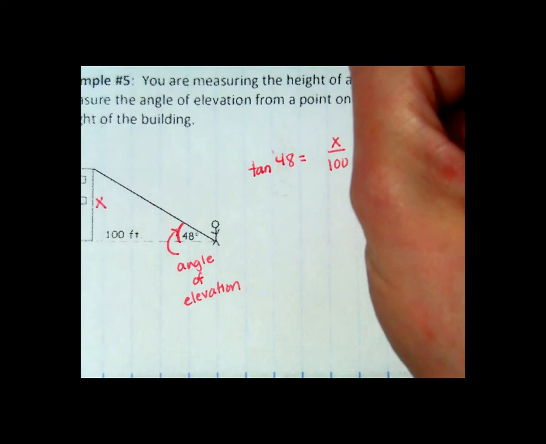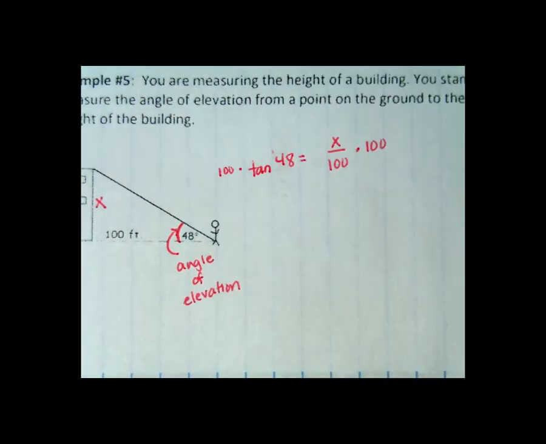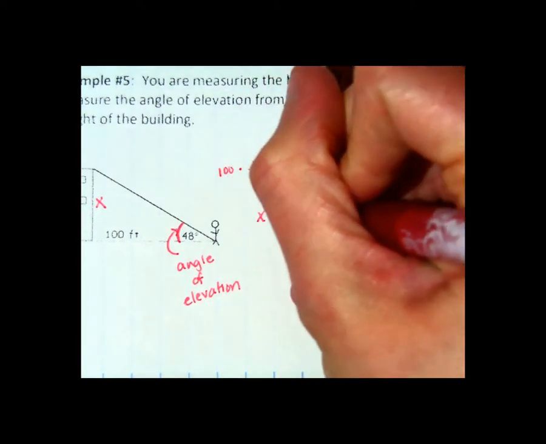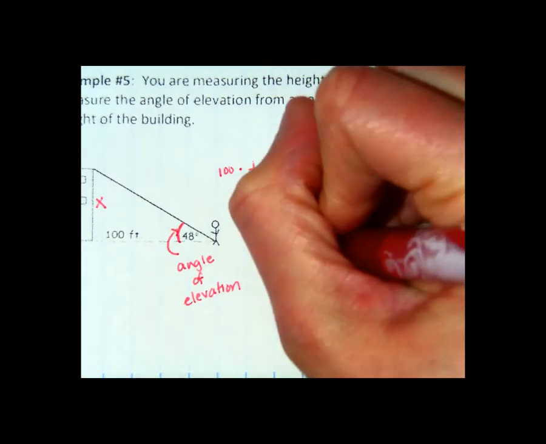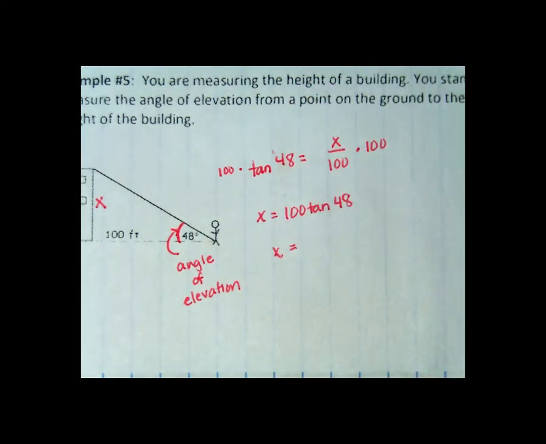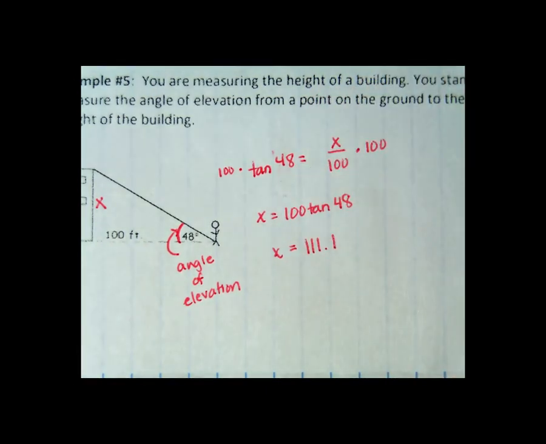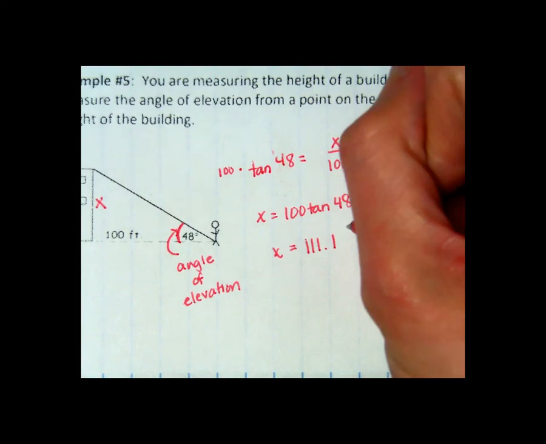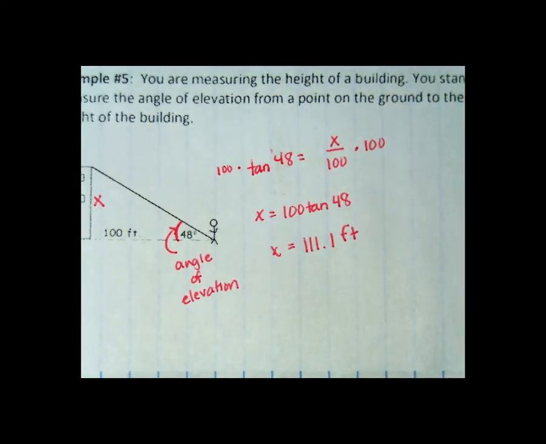Alright, then what am I going to do? Okay, so you're going to plug in 100 times tangent of 48. And we're going to round, did it say what to round to? It didn't, so we're going to do what it said at the beginning, which is nearest tenth. Feet. Don't forget, if they give you a unit of measurement, please use it.